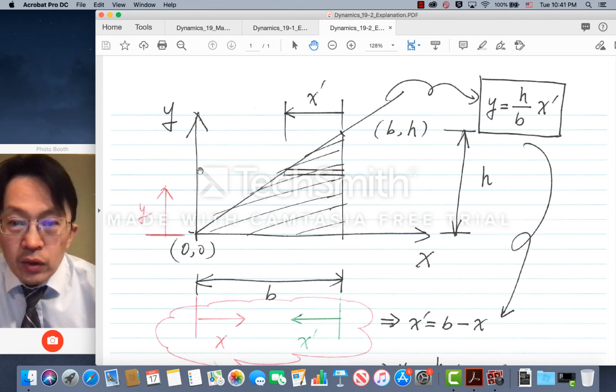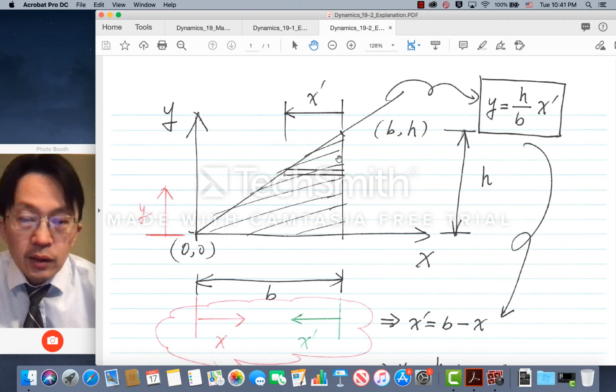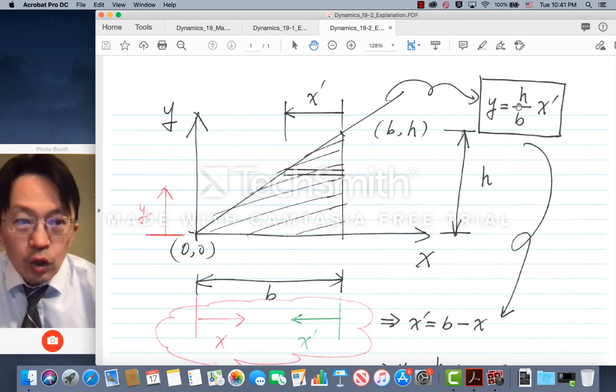But we're not going to calculate the mass moment of inertia of the thin air here. We only calculate the mass moment of inertia of this volume down here. Which is why when we find this linear equation, which is y equals h over b times x prime, this x prime is not the regular x that we use for the x-axis.